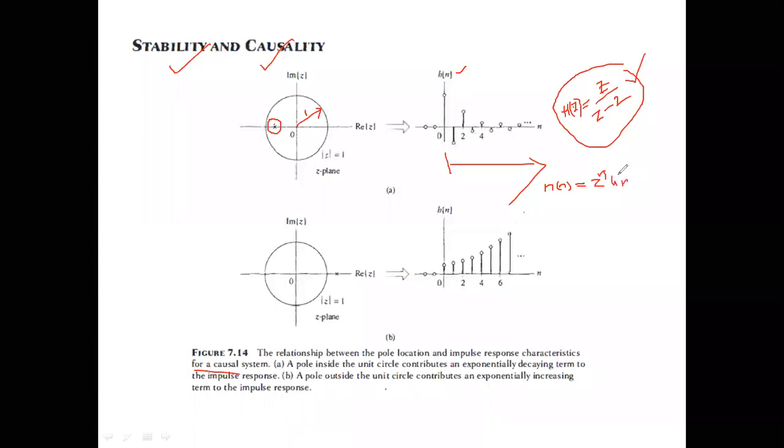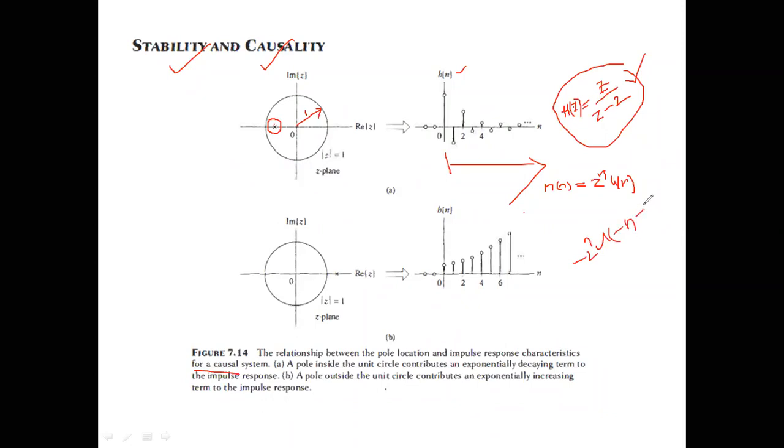This can have an impulse response. This can also have another impulse response. What is that? Minus 2 to the power n u of minus n minus 1, right?